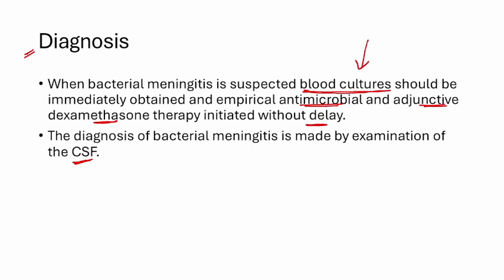It is very important to remember the CSF findings of acute bacterial meningitis, because it has been asked in entrance examinations a number of times, and it is also very important at the bedside for diagnosing and treating patients.